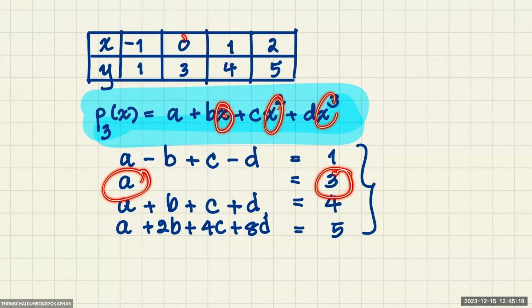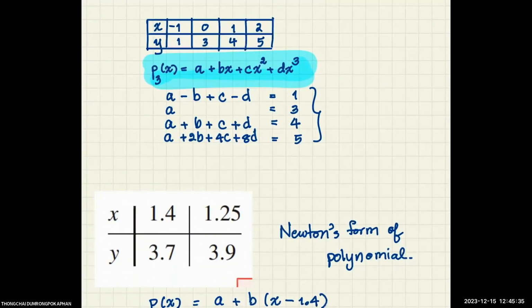So now he thought that, okay, if I can take advantage by making things equal to 0, that will be easy for the calculation, okay? So I will now use what I call the Newton form of polynomial, okay?